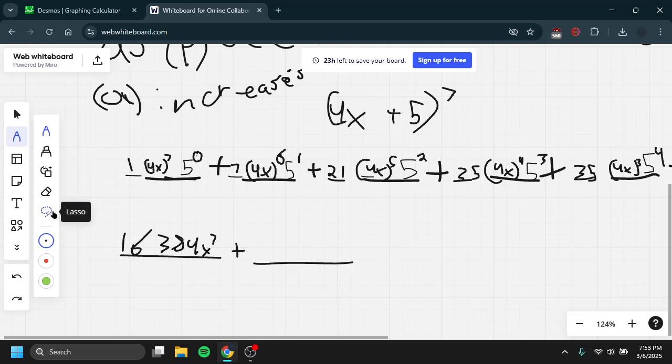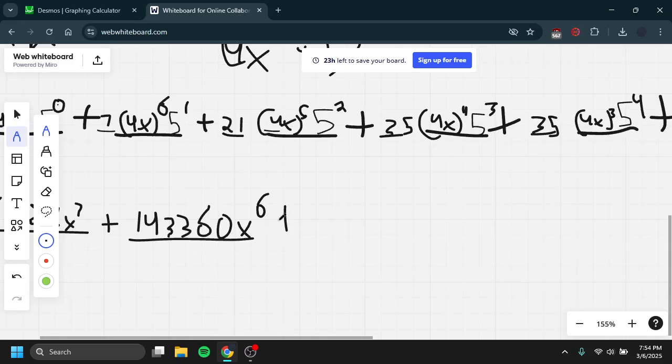We put into our calculator 5 to the 1st power, which gives us 5, and then 4 to the 6th power, which provides us with 4,096. We multiply that by 5, and then by 7, which gives us a total of 143,360 x to the 6th power.